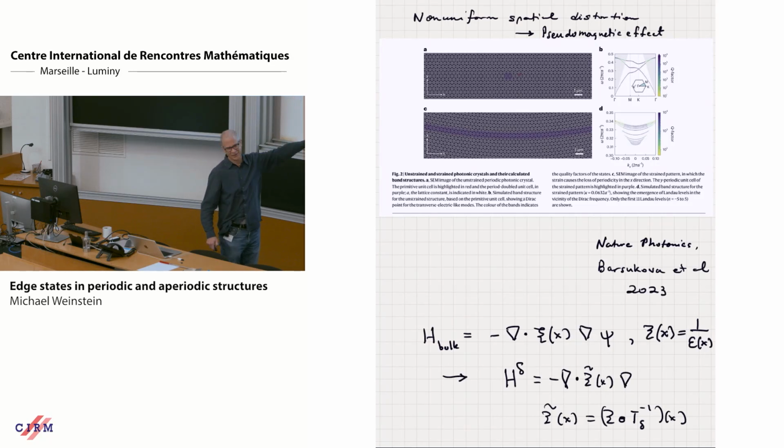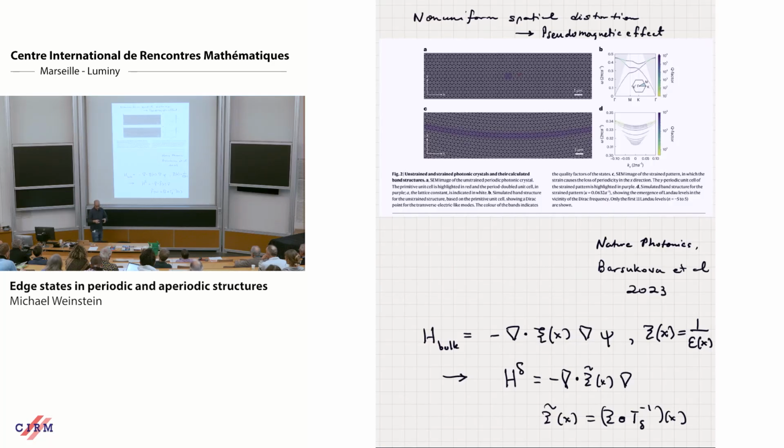Okay, this is just light in a structure, and there's no magnet in the room. But what happens is when you deform, up here, in this problem over here, there is an effective dynamics given by a Dirac equation, which governs the propagation of wave packets. And in the deformed structure, instead of a Dirac equation, you get a magnetic Dirac equation.